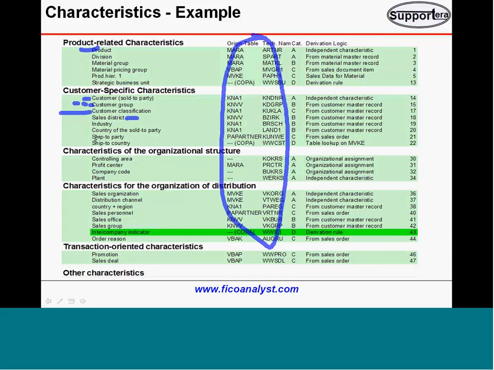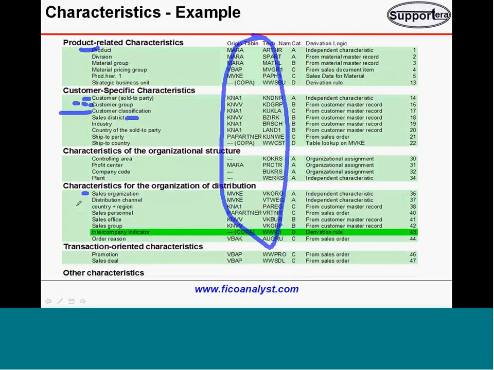And characteristics from organization structure are like controlling area, profit center, company code, plant, right? And characteristics from sales organization, like sales organization, distribution channel, country and region, sales office, intercompany indicator, which you can use for some purposes. And transaction based, for example, promotion, sales deals, and other characteristics.